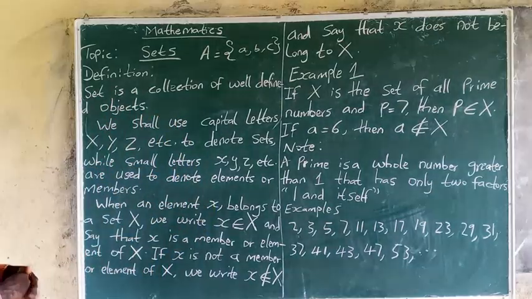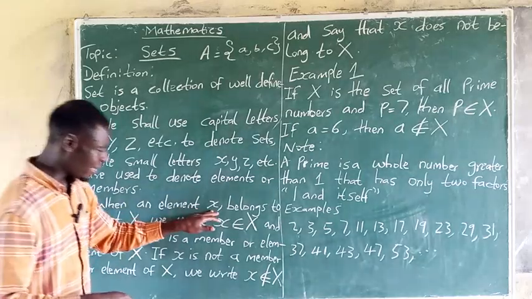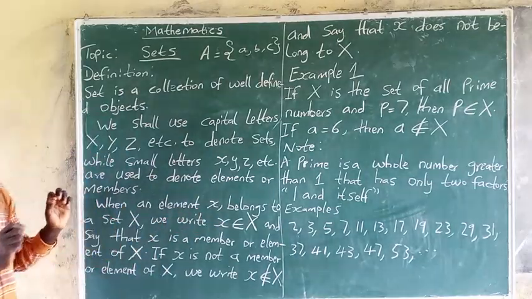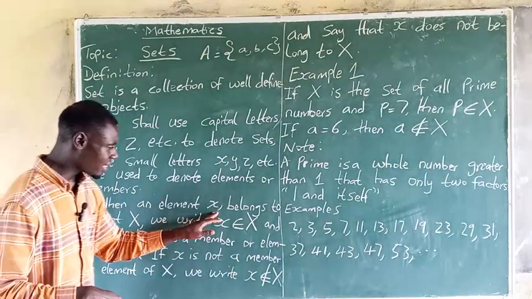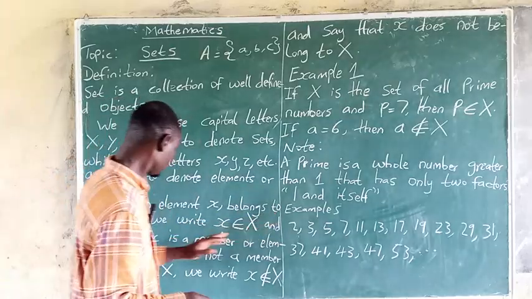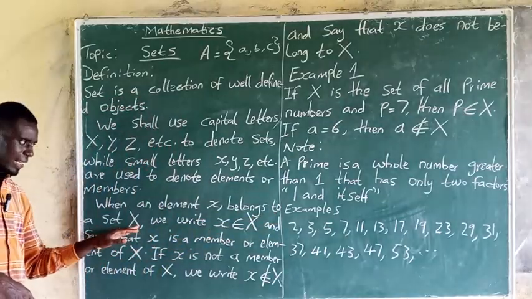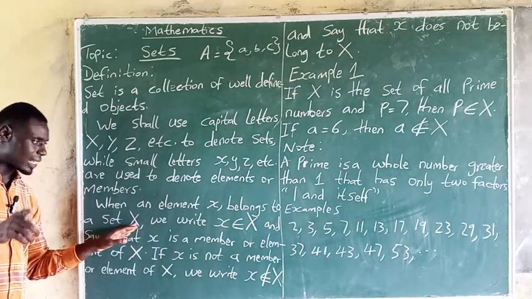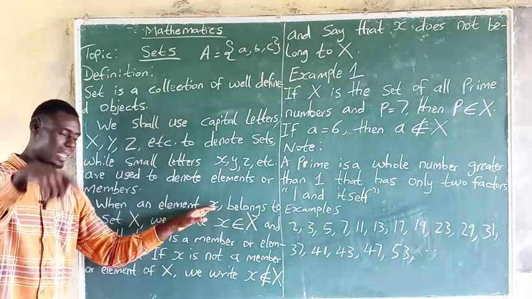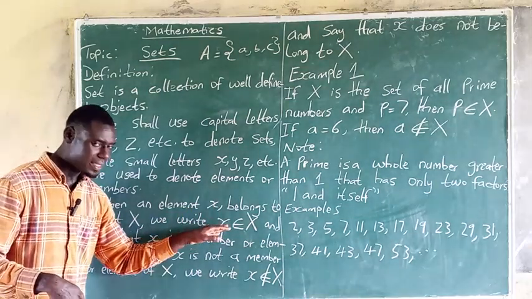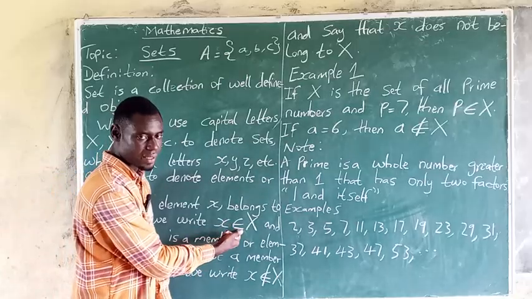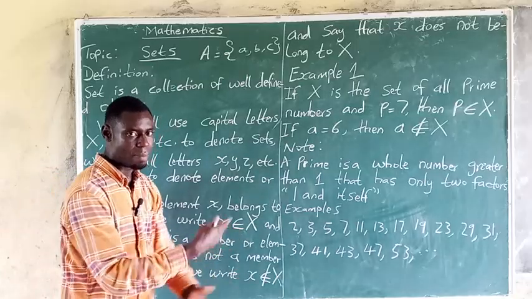Okay, now let's proceed. Listen, I want to elaborate more on what I'm explaining. When an element x belongs to a set X, remember this set X is a capital letter, and this one is a member, an element. We write x, then this symbol that represents "contained in", a member of.